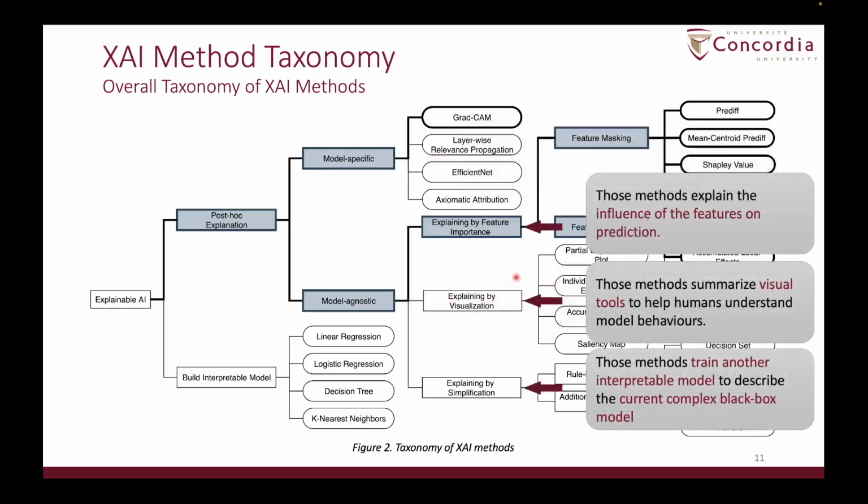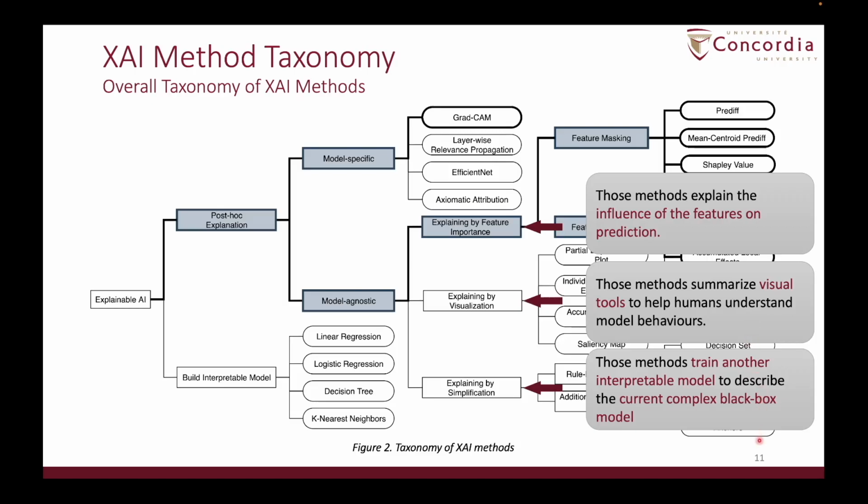Under the model agnostic method, there are three categories: explaining by feature importance, explaining by visualization, explaining by simplification. Some methods can provide feature contribution explanation, indicating the feature's importance. Some methods can provide visual explanations that help users to comprehend the model's behavior.